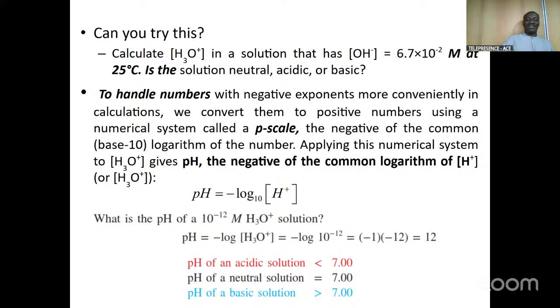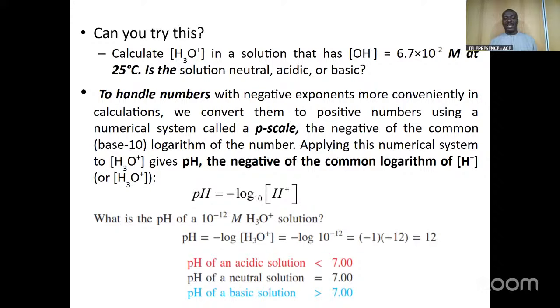So if we apply this to the H3O plus concentration, it is known as pH. So the pH is simply the negative of the common logarithm of hydrogen ion concentration. Okay? So the question here is, what is the pH of a 10 raised to power minus 12 molar hydronium ion solution? That should be very easy for anybody to do.